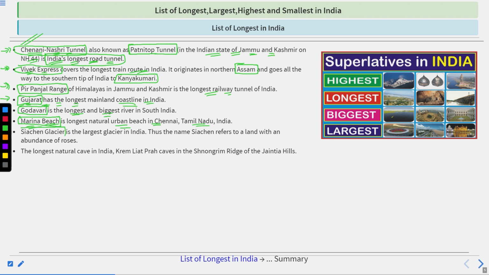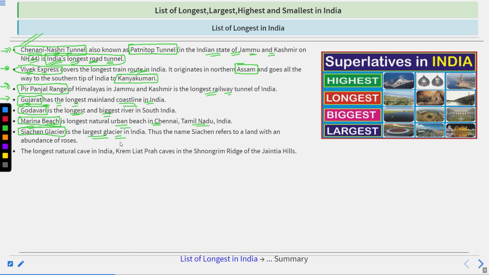Siachen Glacier. Siachen Glacier lies near the Gilgit-Baltistan region of Jammu and Kashmir, which is nowadays a part of POK, Pak Occupied Kashmir. It is the largest glacier in India, and it is also the highest battlefield in the world, which is under the control of Indian forces.